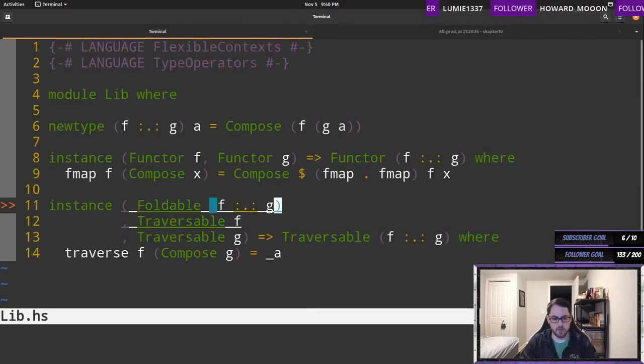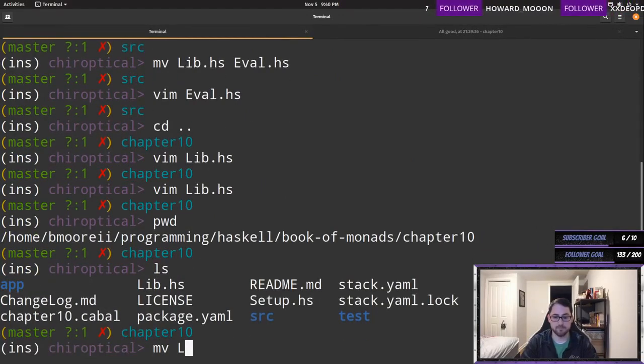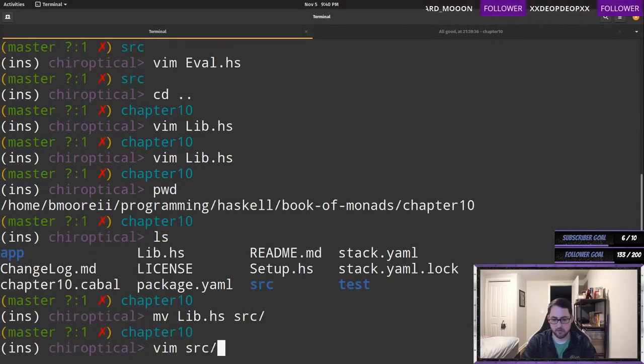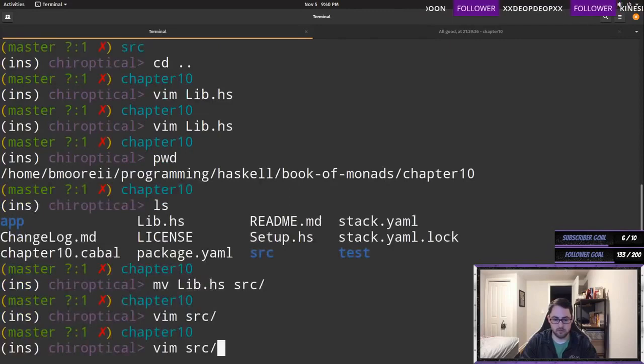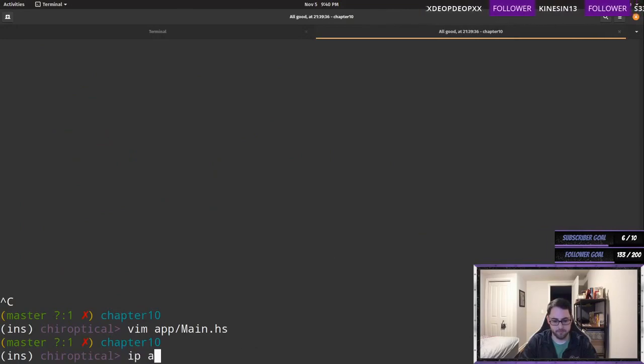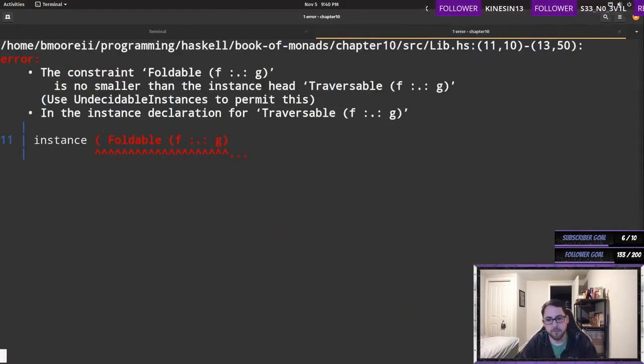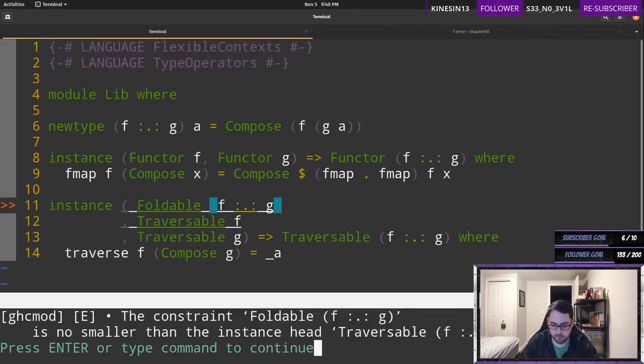Could not load module lib. Haha! It's in the wrong place. There we go. My bad. Alright. Undecidable instances. You got it.